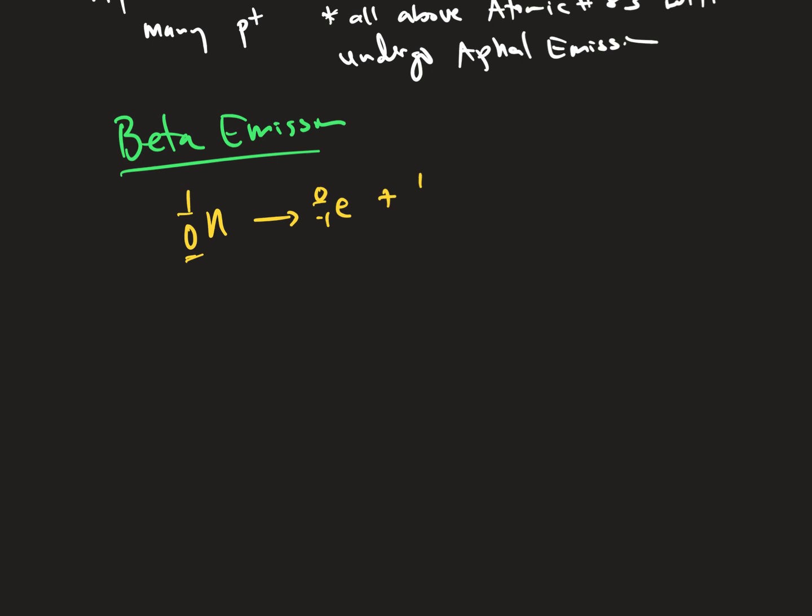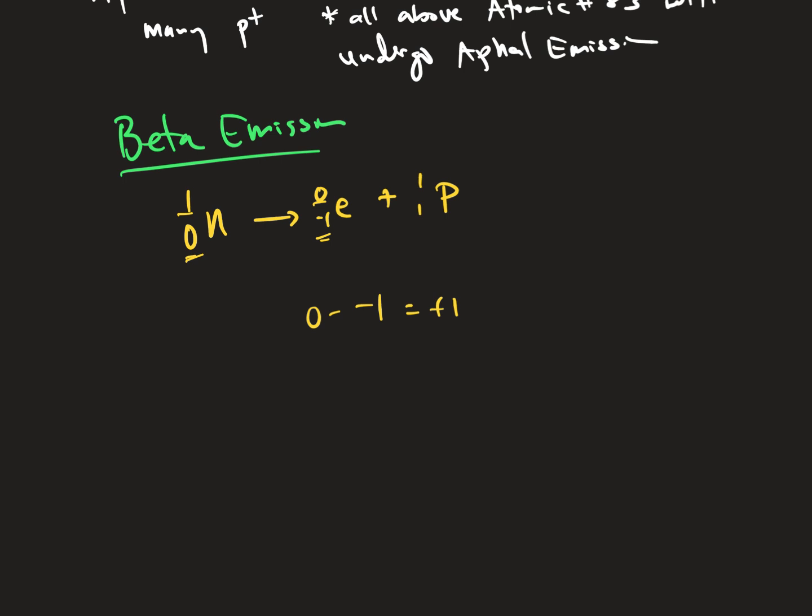We start with a charge of 0, or 0 protons, charge of 0. We get rid of a negative charge. What's 0 minus a negative 1? Positive 1, right? So that neutron, by getting rid of the beta particle, turns into a proton.